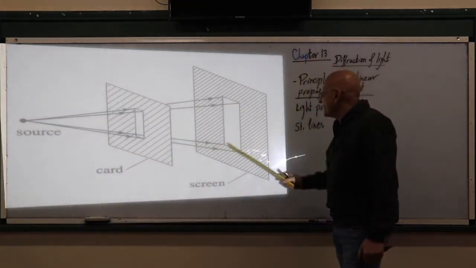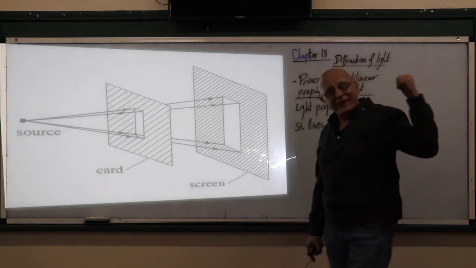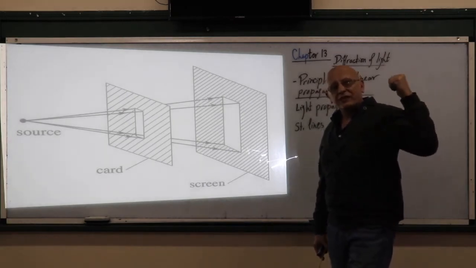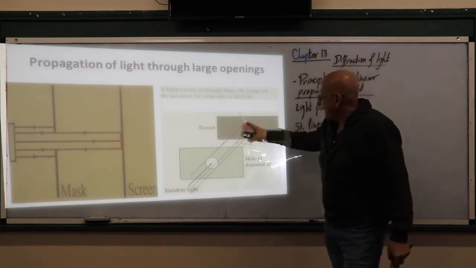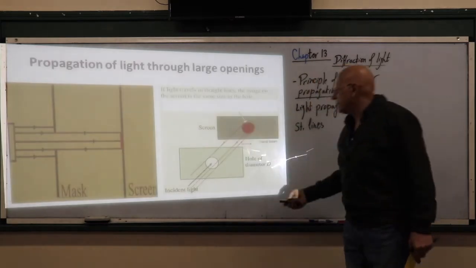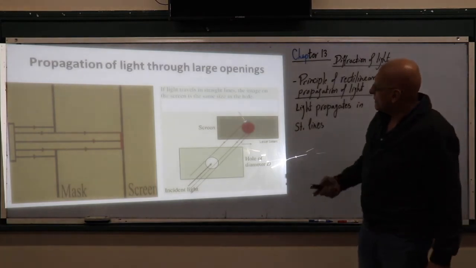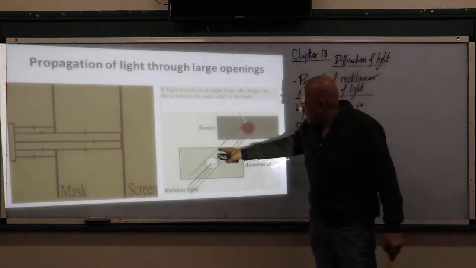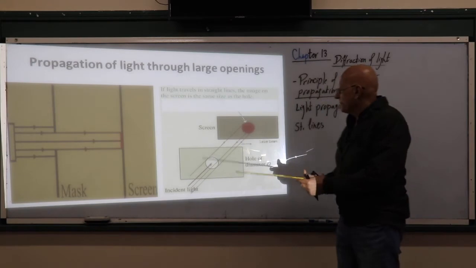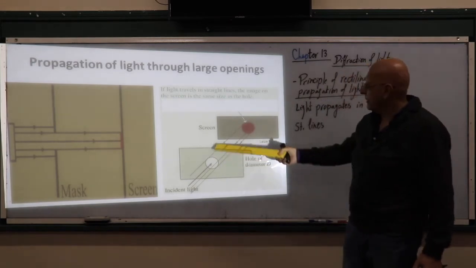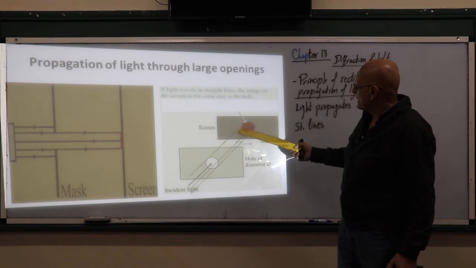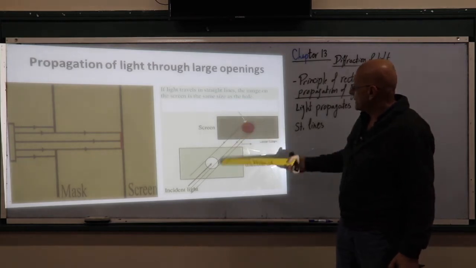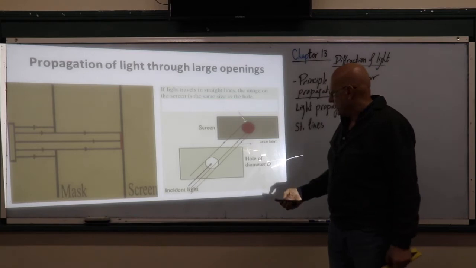As you see here, it is larger, whereas in the previous one it had the same size. Why? The reason here is that the laser beam is a cylindrical beam and the rays are parallel to each other. So we get a spot of the same size as the hole.